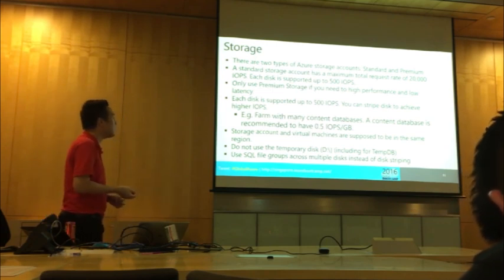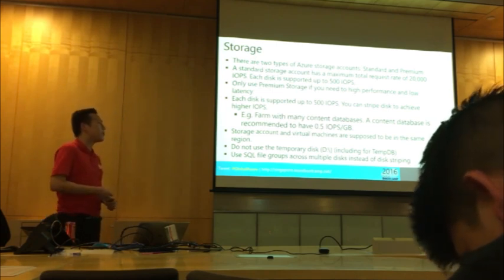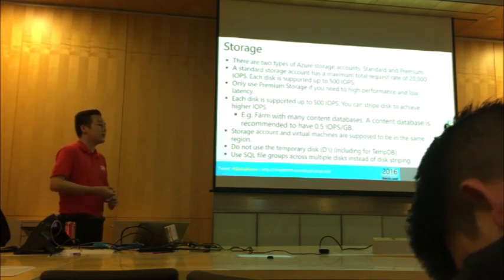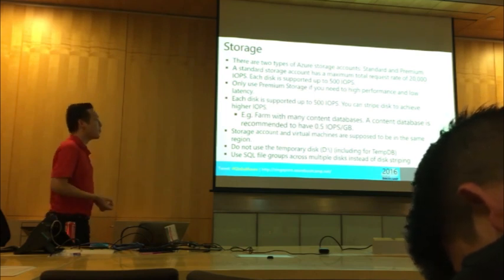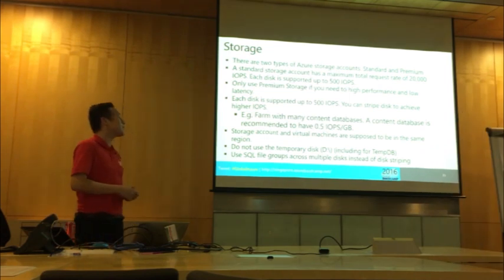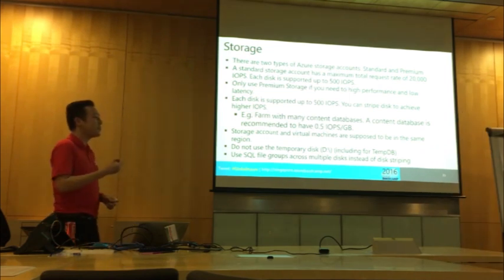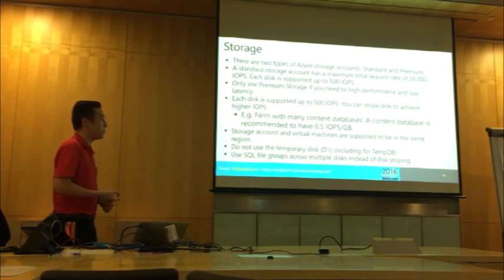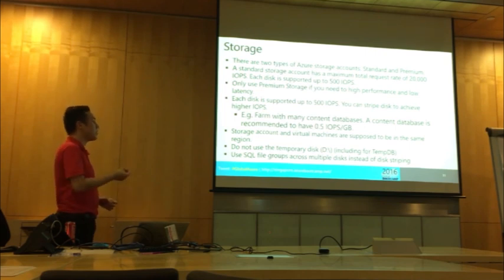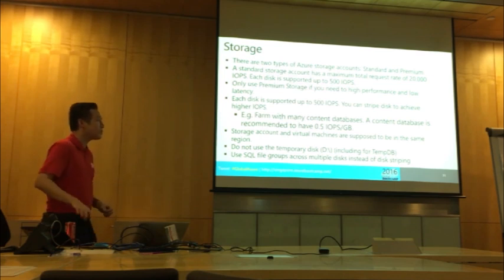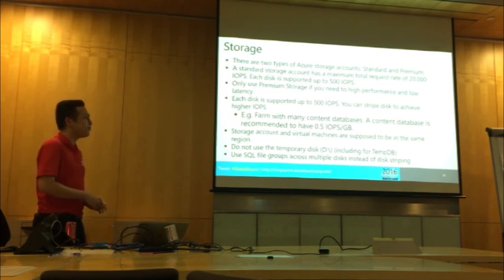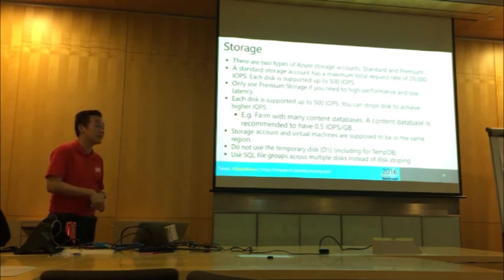Storage account and VM are supposed to be in the same region, which is one of the tips Microsoft recommends. In Azure storage, the temporary disk is the D drive by default, so don't store anything in the temporary disk, as recommended by Microsoft. For internal storage, you can use SQL Server to store your data across multiple disks instead of disk striping. Disk striping is useful when you want to achieve higher IOPS.